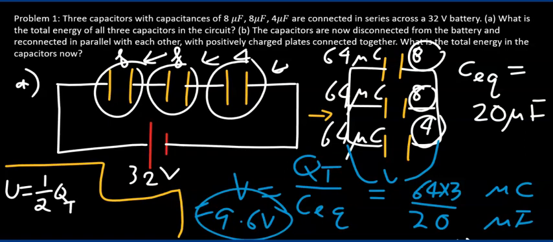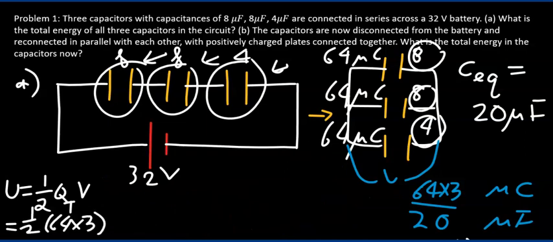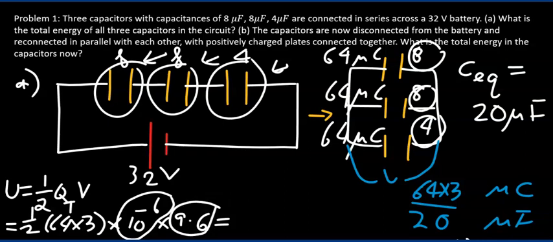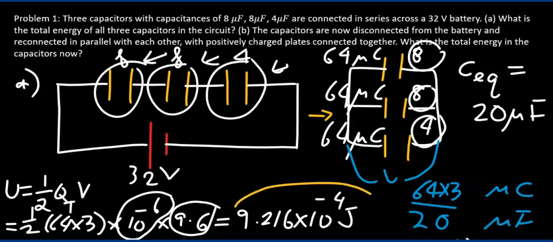Half the total charge times the new potential difference. So the total charge is 64 times 3 times 10 to the power minus 6 to change microcoulomb to coulomb, times the voltage 9.6, and that's going to give you 9.216 times 10 to the power minus 4 joules, and that completes the problem.